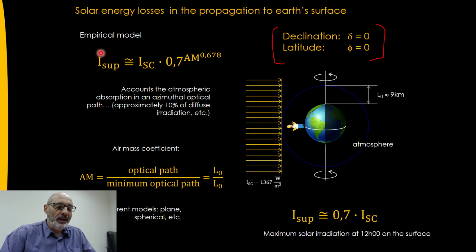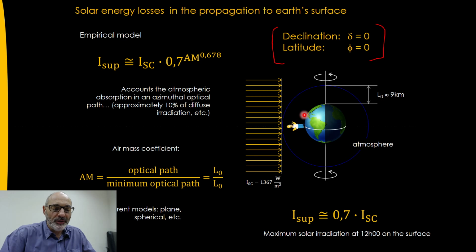This is an empirical model. It starts from this situation that I'm showing you, and it was measured that the amount that arrives down here is 70% of the amount that arrives here on top of the atmosphere.